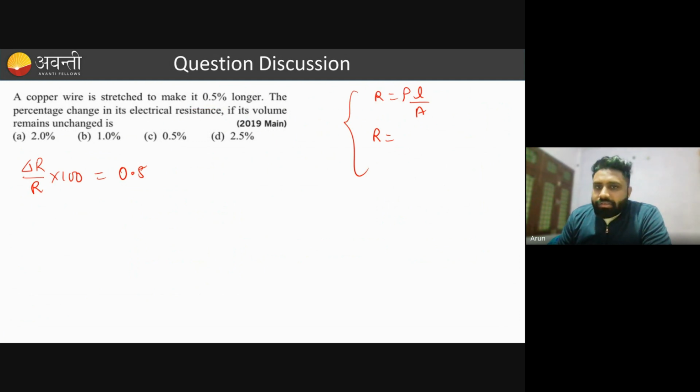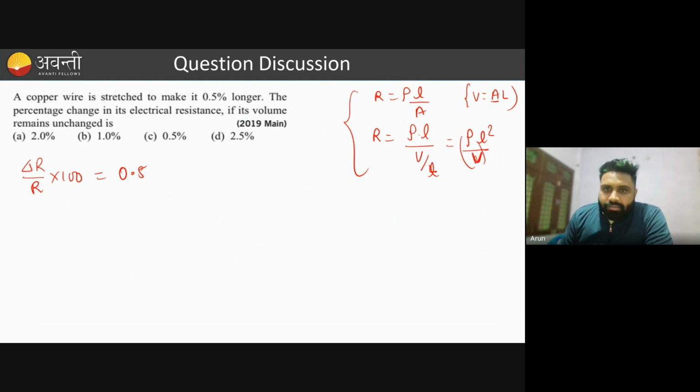There is nothing about the area. So we have to replace this area by length. We know that volume is nothing but area into length. The area is volume per unit length. So R would become rho L square upon V. Now rho and volume are constants. So R is directly proportional to L square.